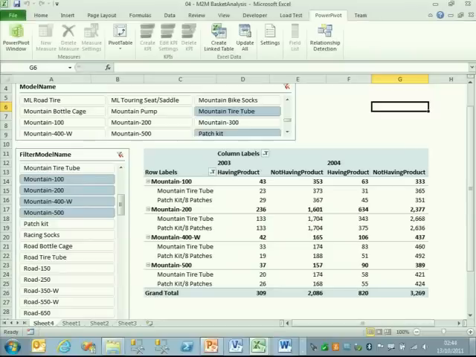Having product is the number of customers who have bought a mountain bike and have bought a mountain tire tube or a patch kit. So they have bought both. Not having product is the number of customers who have bought a mountain bike but have not bought a mountain tire tube or a patch kit. Okay?